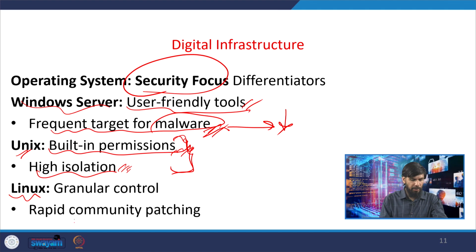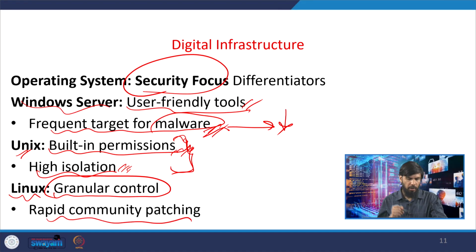If we look at Linux, there is granular control, and there could be issues with the server operating system, but there is a huge open source community that is continuously monitoring for these attacks and other loopholes.